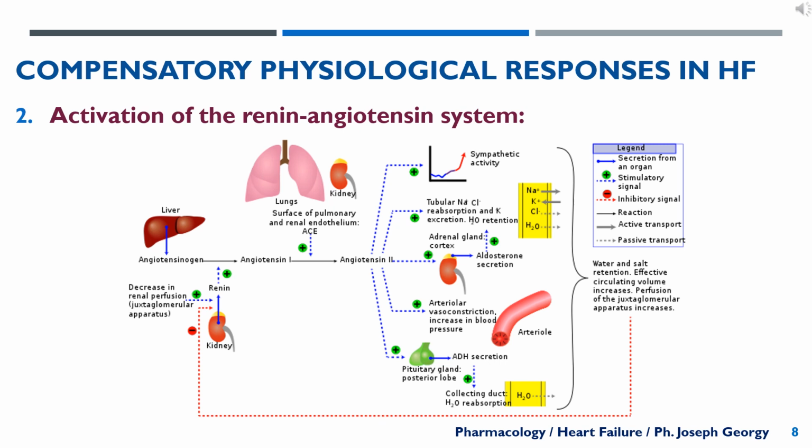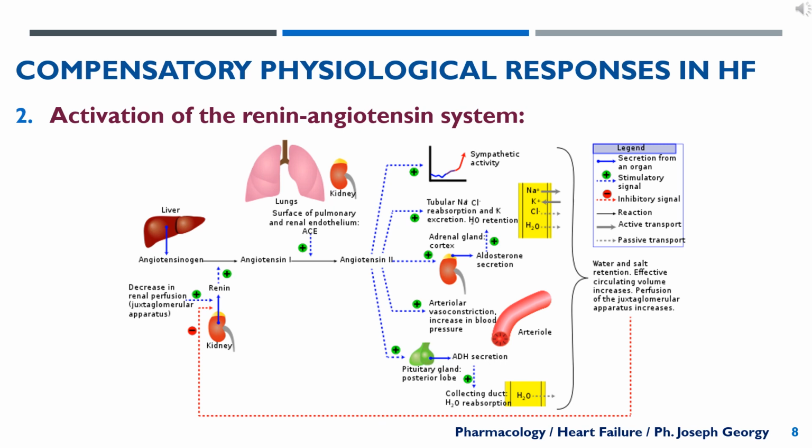So the adrenal gland will receive a stimulatory signal from angiotensin 2, and as a result it will secrete aldosterone, which itself participates in water retention, potassium excretion, and sodium and chloride, or salt, reabsorption. This is the first indirect way, by acting on a gland, the adrenal gland, and secreting aldosterone.